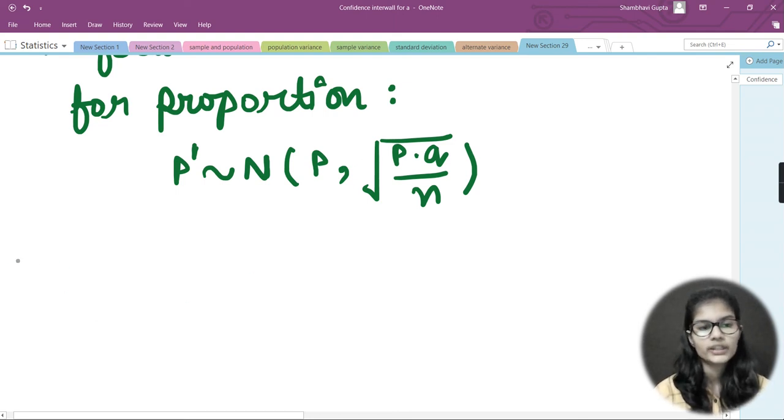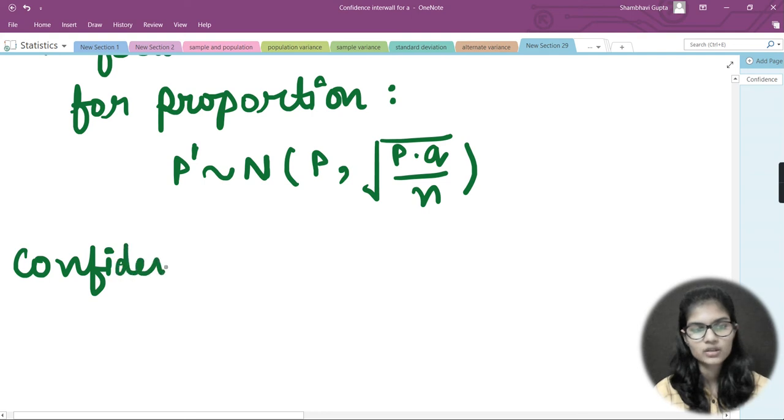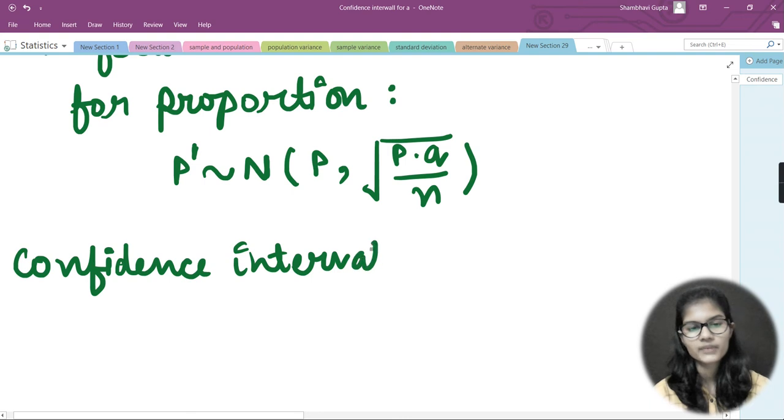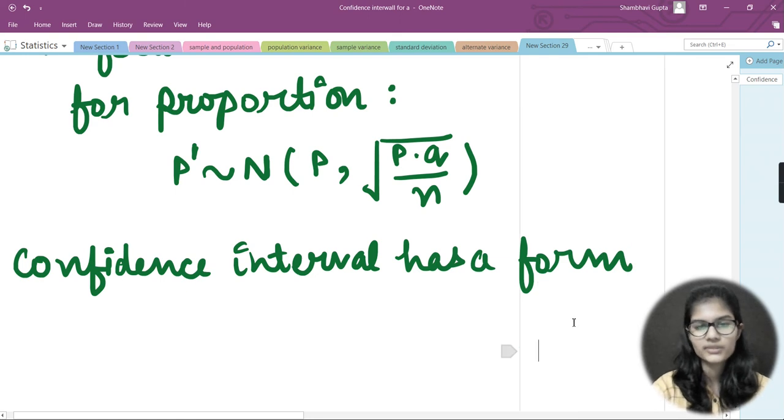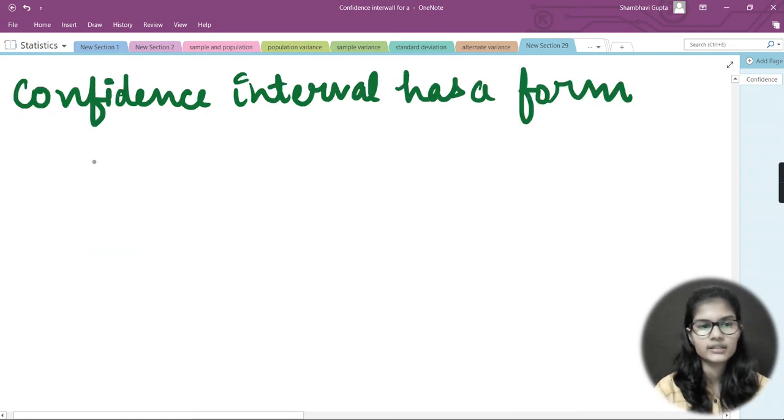Now, what is the form of the confidence interval? The confidence interval has a form. Let me come down and write that here.